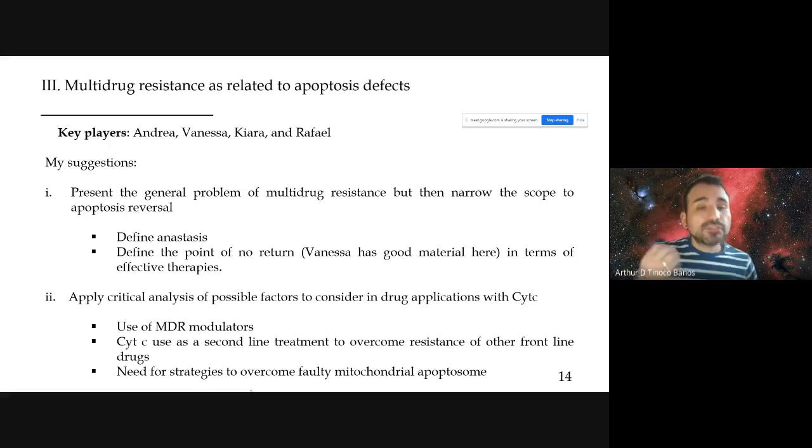All right, so these are things that I think this particular group can really lead into: giving us an overview of the multi-drug resistance problem, specifically as it pertains to apoptosis, but helping us to go and think beyond. Now that we have all this information in hand and all these different applications that have already been done, what's the next thing? What can we now contribute? And think about us as speaking to the future of these applications.